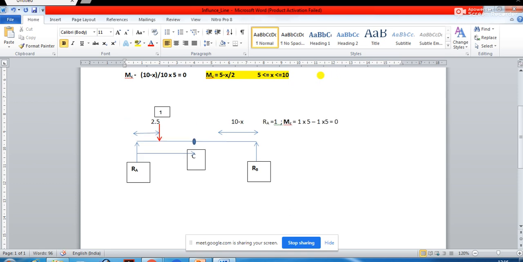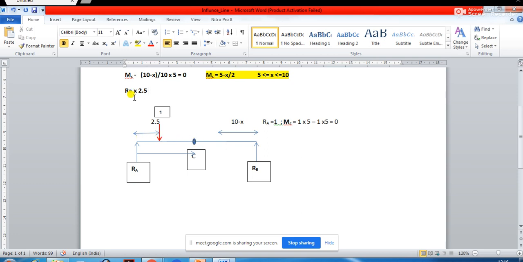RA into 2.5. Yes, you will have to find out the reaction at A. Unless you find out the reaction at A, you cannot find out the moment at C, right?